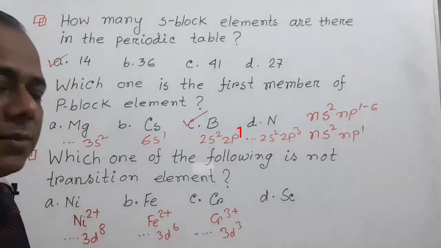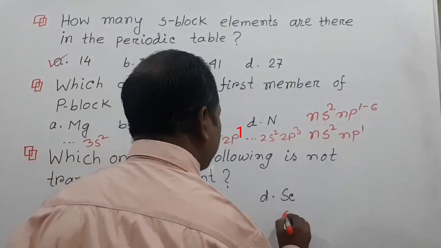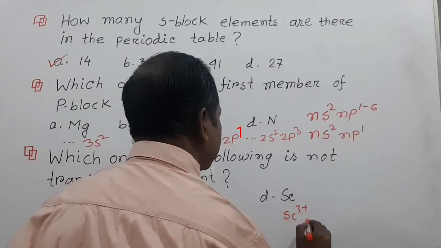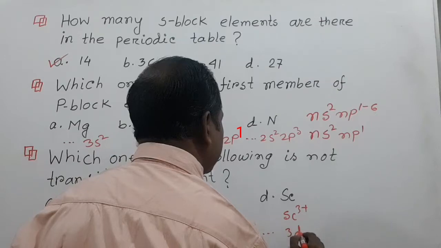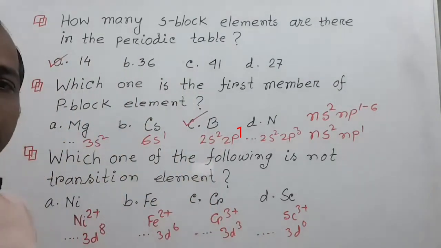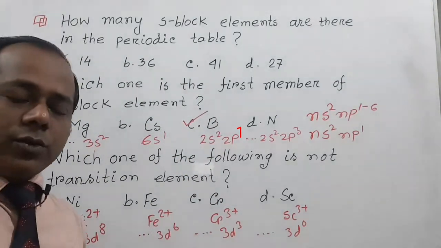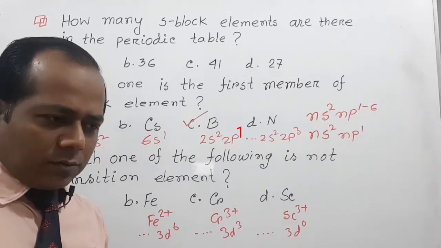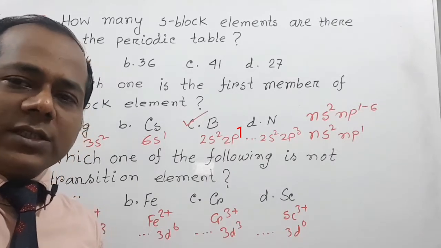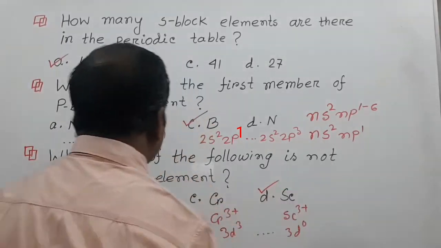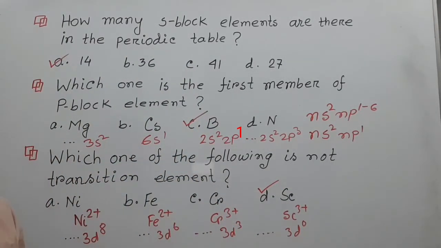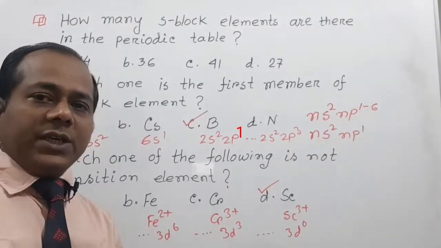And for scandium, my dear students, the stable ion is scandium 3 plus, and the stable ionic electronic configuration is 3d0. So my dear students, according to the definition of transition element, we can say that scandium is not a transition element. So the correct answer is option D.